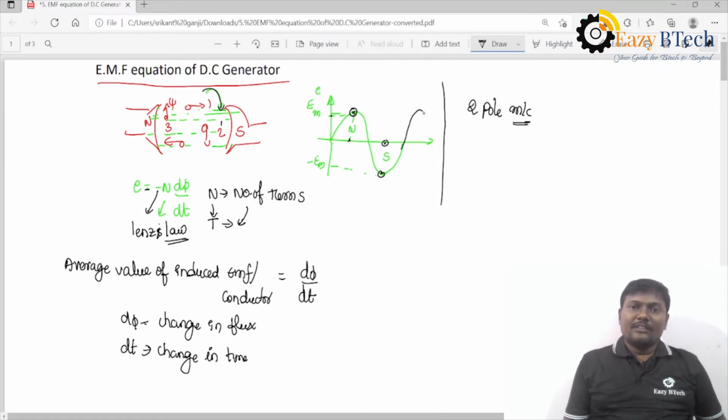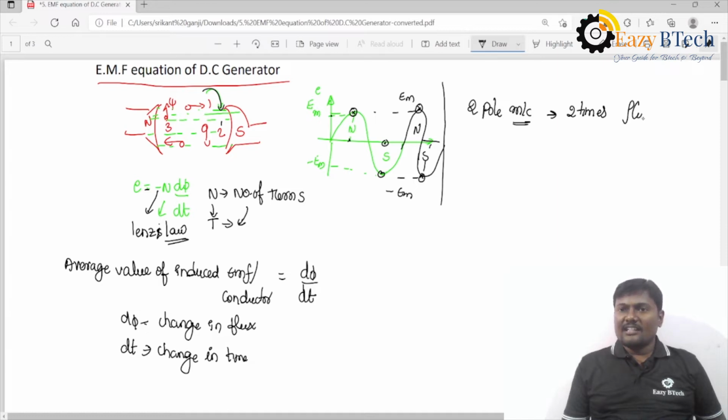Suppose you take a four-pole machine, again two cutting actions will take place. So this is the maximum value of induced EMF, the positive portion, and the negative portion is like this. For a two-pole machine, 2 times flux cutting action takes place.